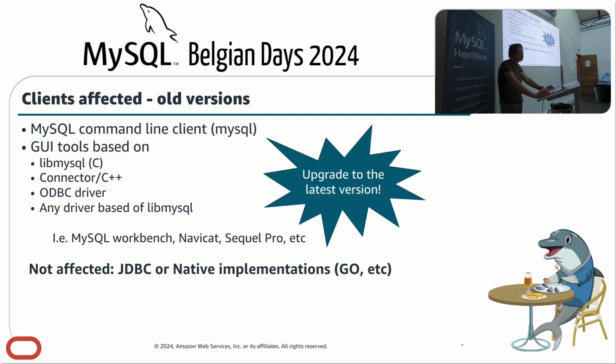Old versions, again, not affected. What is not affected? JDBC not affected, native implementations not affected. Like if you're using Go, or Python native implementation, it's not affected. It's different code. But lots of classes of GUI tools are affected: Workbench, Navicat, SQLPro. Especially if you're using a very old or relatively old version of a GUI tool, then it may be affected as well.